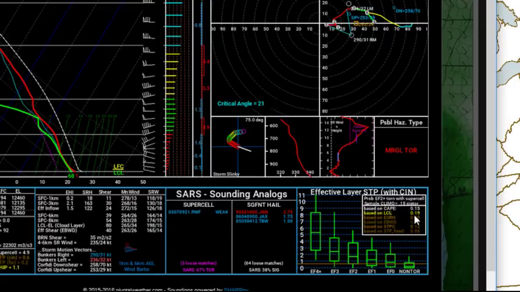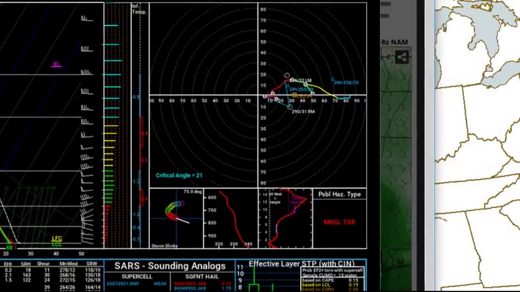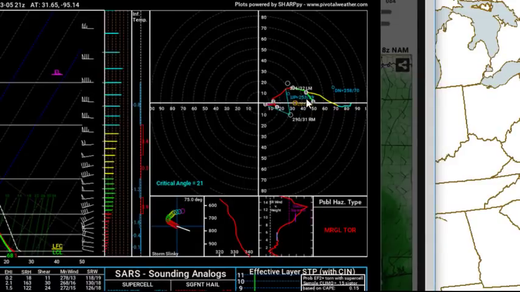So that would be the main contributor there. Also some CAPE, and the rest of the other values are kind of on the low side, like effective bulk wind difference, 0.6, that's kind of low. And that's because the upper levels or the mid levels are only about 40 to 50 knots. There's very little bulk wind difference there.